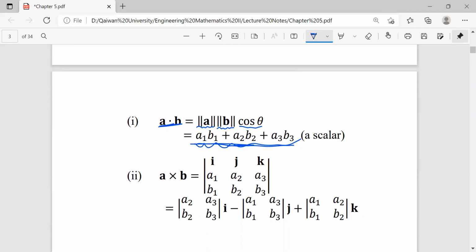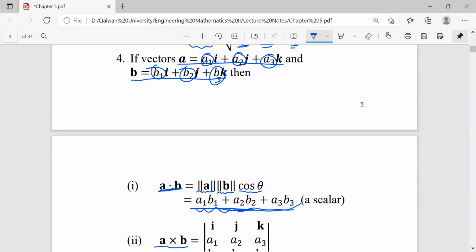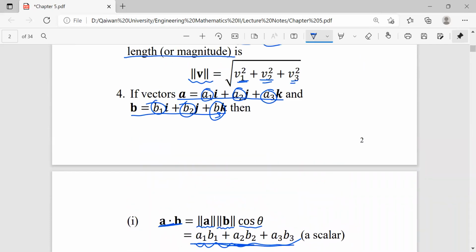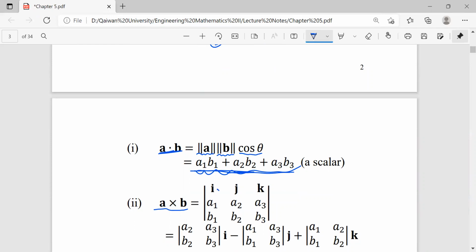And for the cross product of two vectors, we use this rule. Here we find the determinant of this matrix with i, j, and k. The first row must be i, j, and k. In the second row, we write down the components of the first vector, a1 beneath i, a2 beneath j, and a3 beneath k.